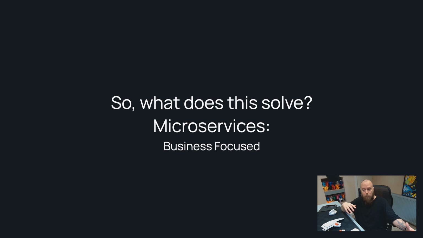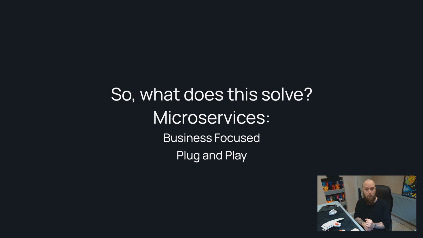So by following composable architecture, what you're allowing yourself to do is to build these features and build these composable packages so that they are business focused. They only focus on this aspect of the business. They do everything to do with that. They're designed to be plug and play.